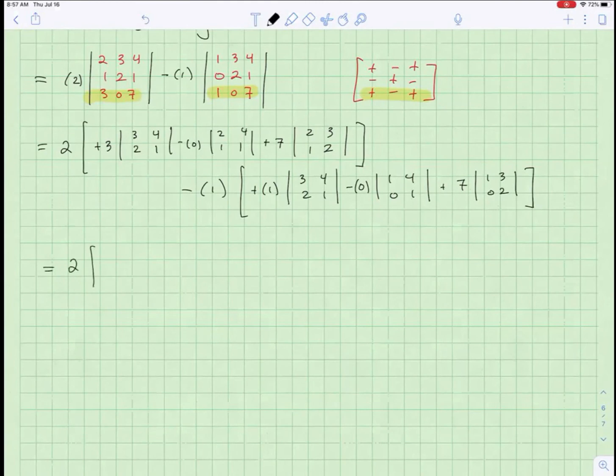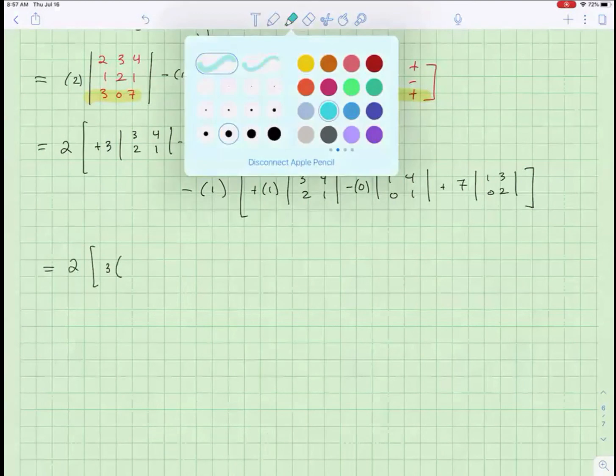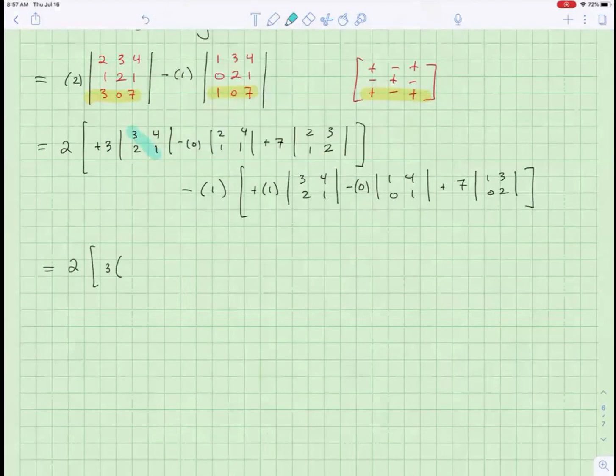This is 2 times 3 times this Twinkie: 3 times 1 minus 2 times 4 is 3 minus 8. Minus 0, so I'm not worried about that one. This one had the 0 coefficient. We're happy about that.